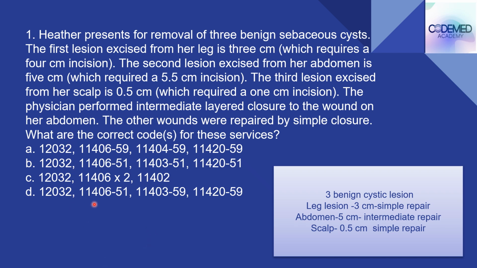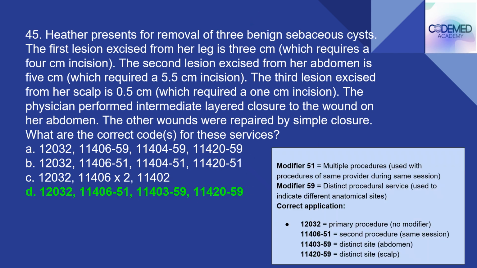The first code is the same, the second code is almost the same, the third and the fourth code are almost the same. So here what they are actually looking for is how good you are with your modifiers. Of course you need to check all the codes, but the modifier will help you zero down your code.